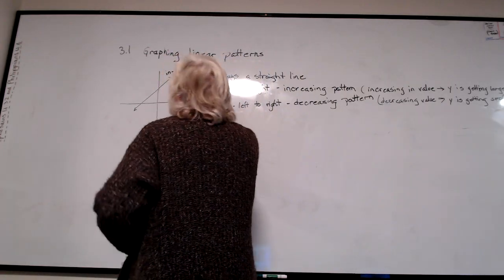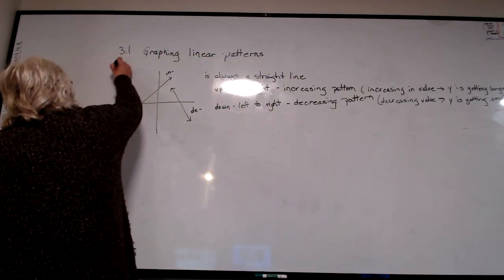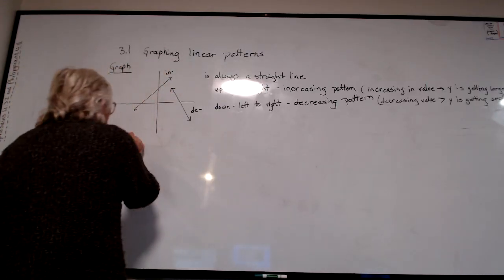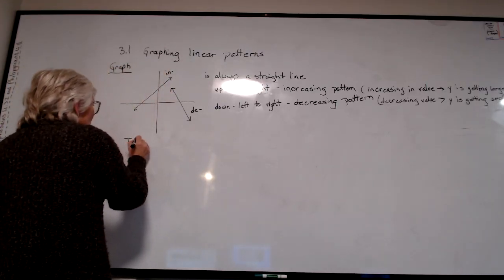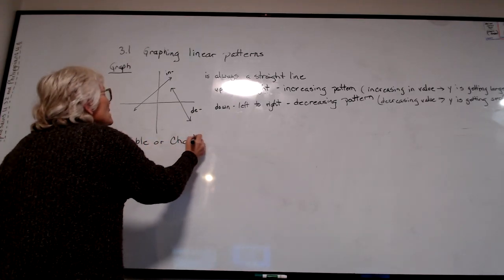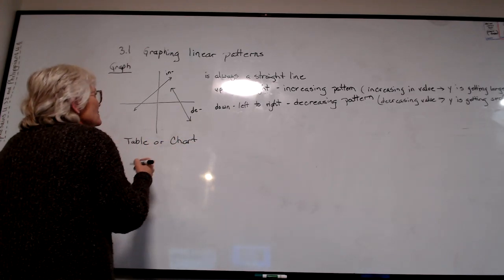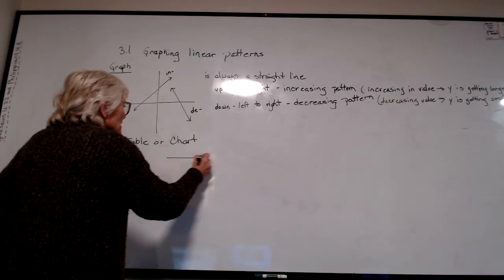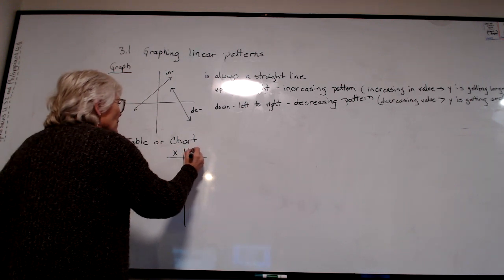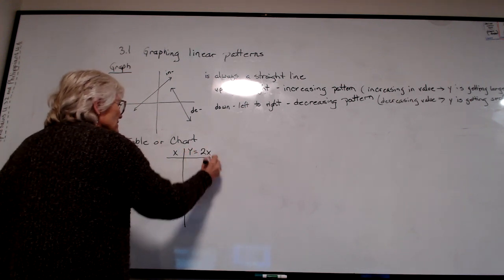So that's the graph when we're looking at patterns. The chart or the table, we can call it the table or the chart, for a linear line looks kind of like this. I'm going to give you two different directions. So let's say y is equal to 2x.